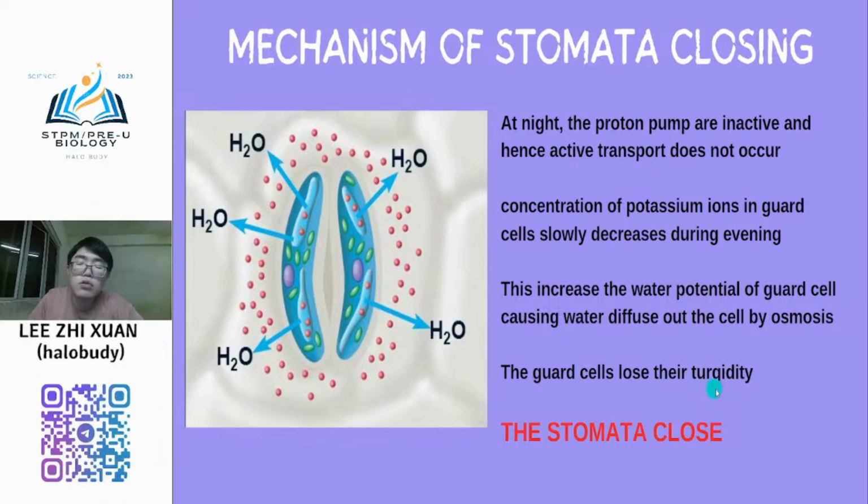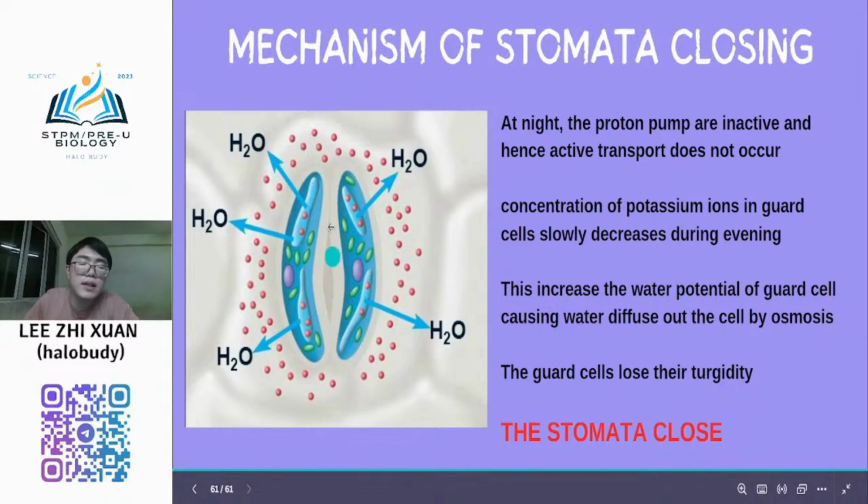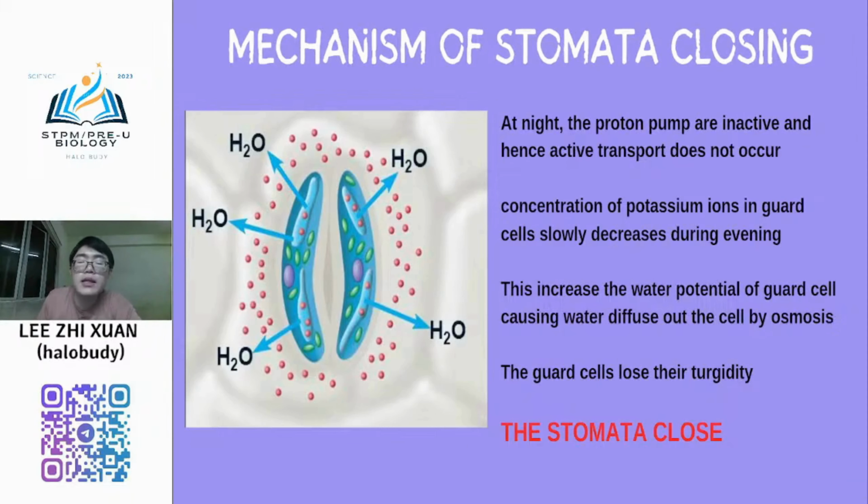The guard cell will lose its rigidity, but it will not become flaccid, so you cannot write that the guard cell becomes flaccid. It just loses its rigidity and becomes normal, and the stomata will be closed like this. So closing is simpler compared to opening.